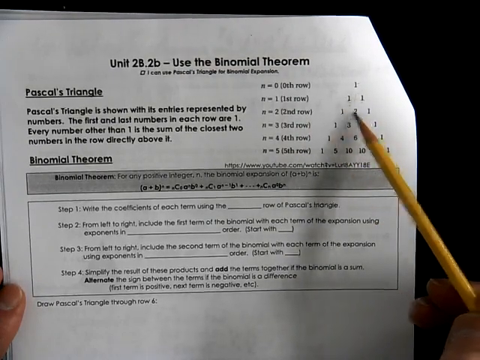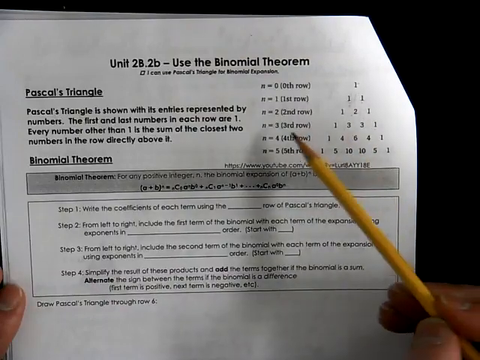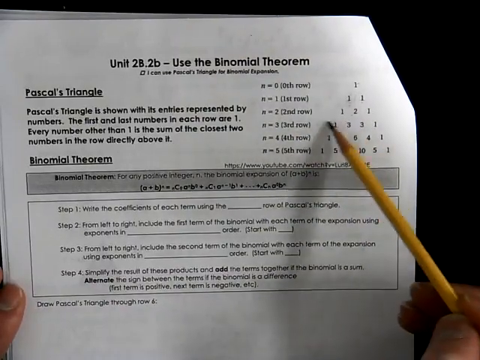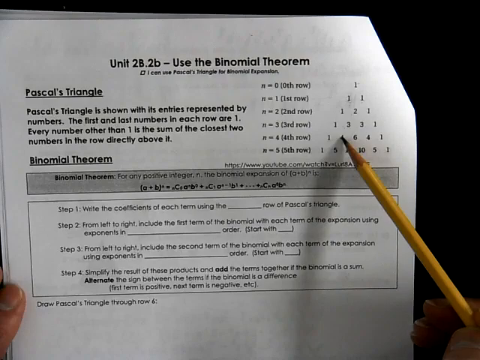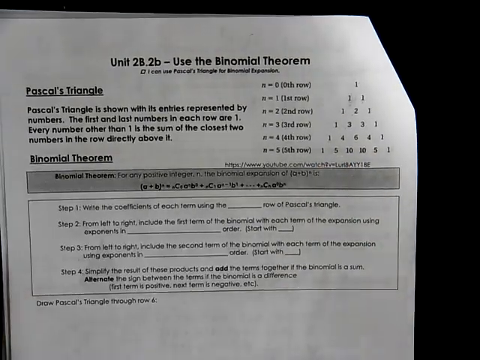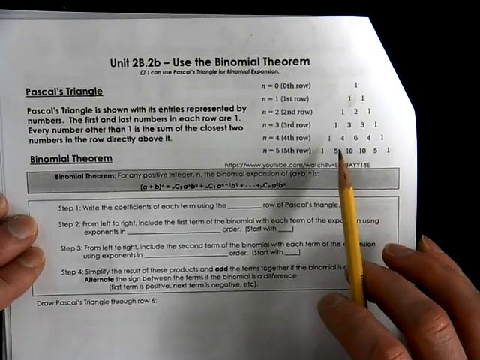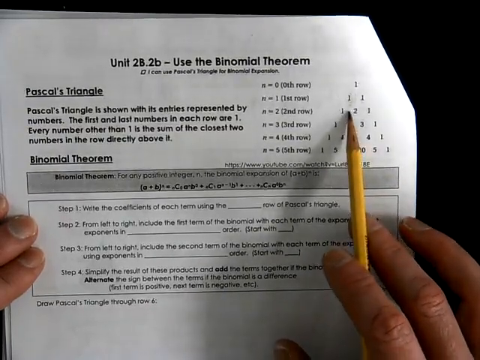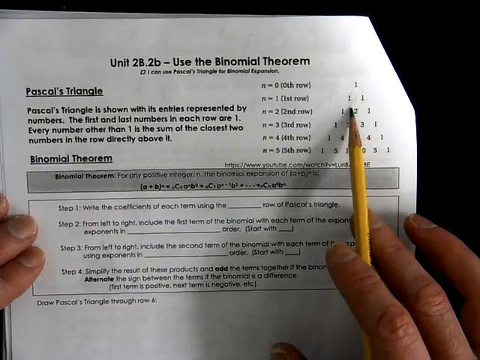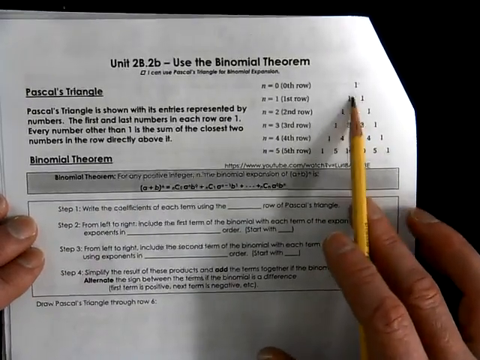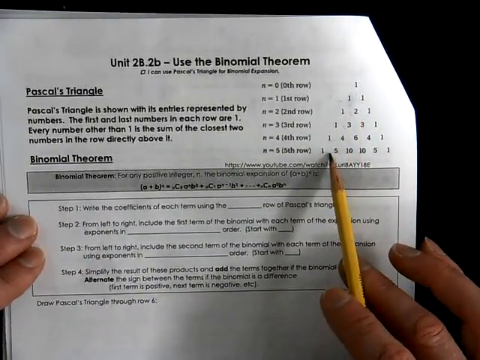Then the row with the 2 in it we call our second row. The row with the 3 in it we call our third row, our fourth row, our fifth row. So we're going to choose the row we need based off of our second number that's in it. Call that the 0, first, second, third, fourth, and fifth row, and so forth.